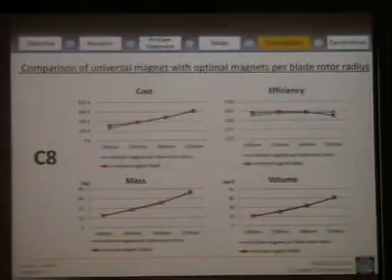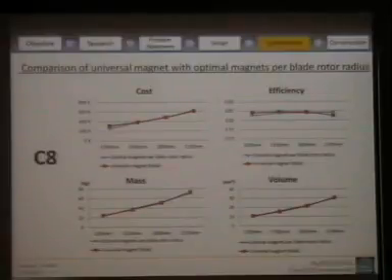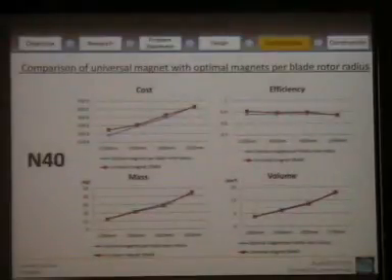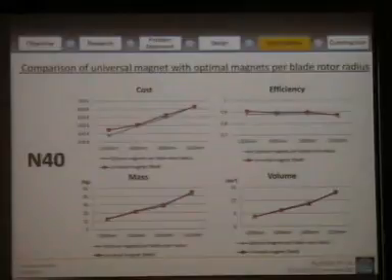And here the configurations using the optimal C8 magnet are compared with the configurations using the optimal magnets that we found before, and we can see that the optimal C8 magnet can be used in all the range of blade rotor radii because it brings very similar results regarding cost, efficiency, mass, and volume. And the same applies for the N40 universal magnet.